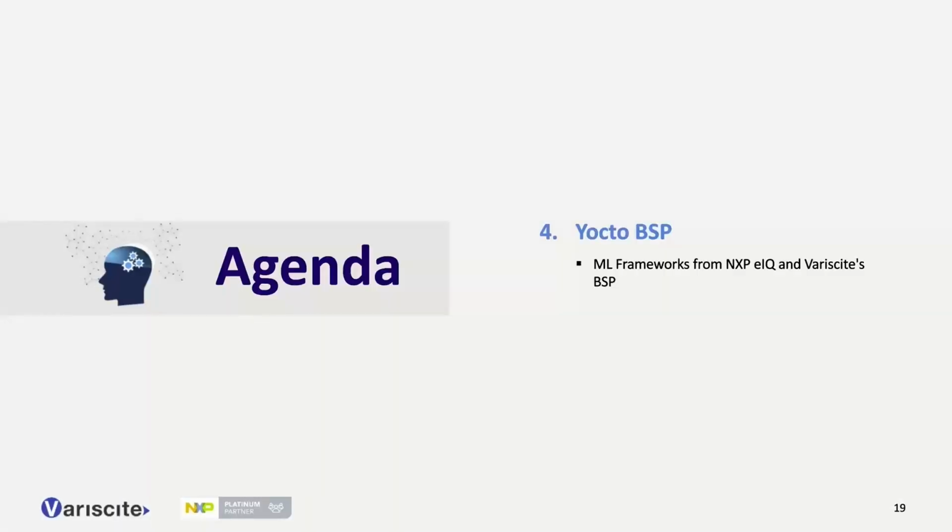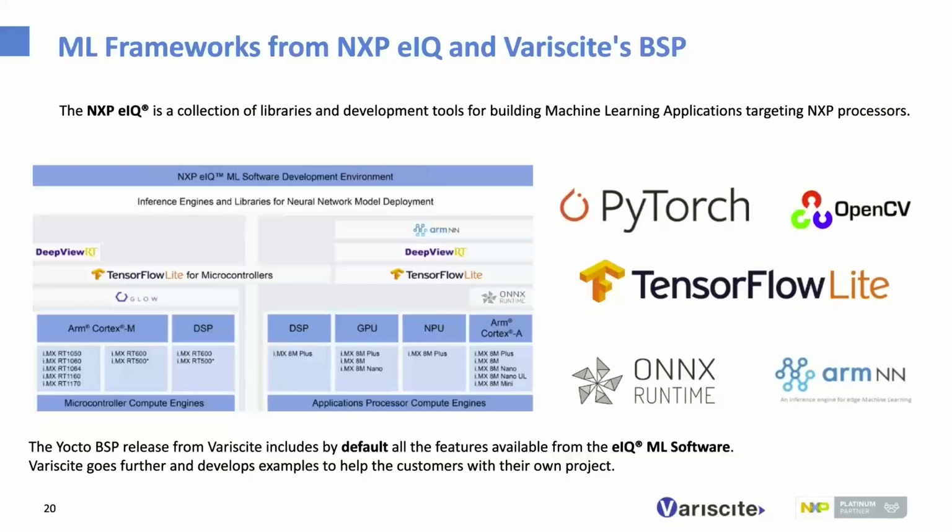Now we're going to talk about the Yocto BSP, and pretty much everything that NXP includes in their default BSP, which comes from the eIQ. We also have it here at Variscite, with a little extra that I'm going to discuss in the next slides. NXP includes in their default BSP PyTorch, OpenCV, TensorFlow Lite, and more.